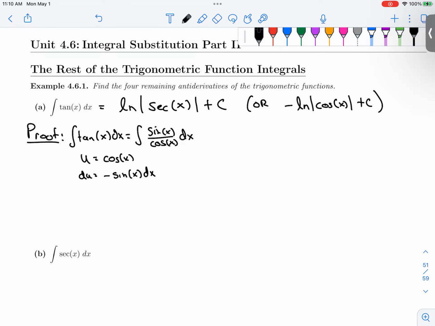And then that means that dx is equal to 1 over negative sine of x du. So this becomes the integral of sine of x over u times negative 1 over sine of x. Or let's just leave it as how I wrote it, 1 over negative sine of x dx.